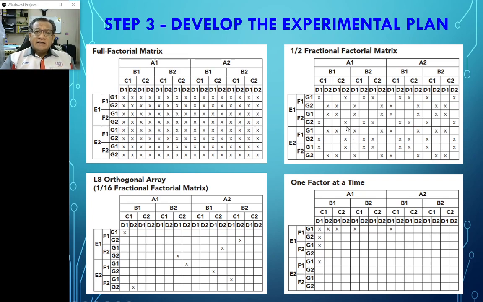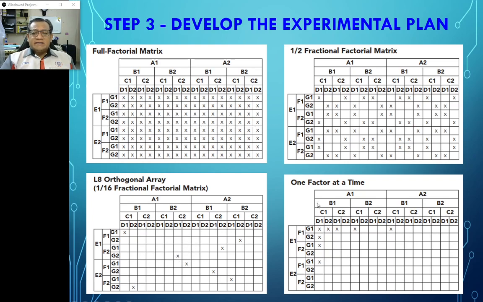Another type of testing is the fractional factorial matrix. You test half of it, only 50% of the combinations. And the third type of experimental plan is you test every 16th of them, which is 1 over 16. Every 16th test combination you test, which is a lesser number of combinations of tests.